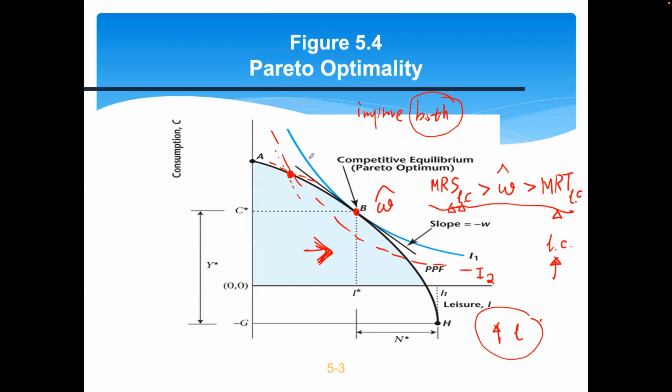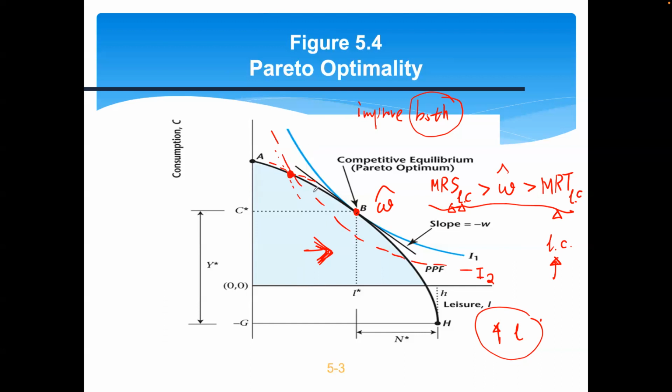To summarize, at this point, if you move in this direction, households are better off because they derive more utility from leisure. And the firm is willing to hire less, so they increase their marginal productivity.